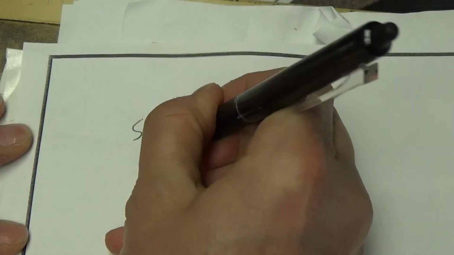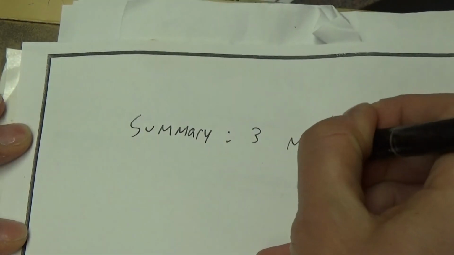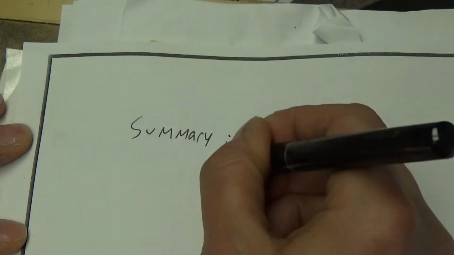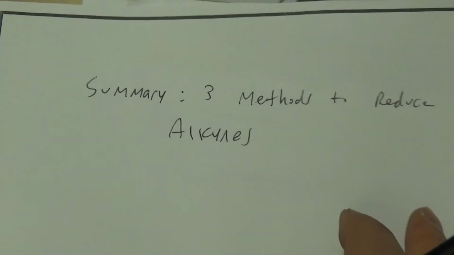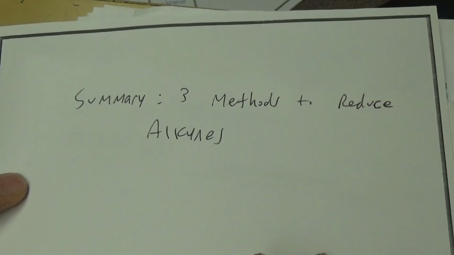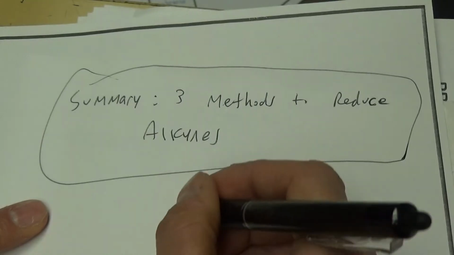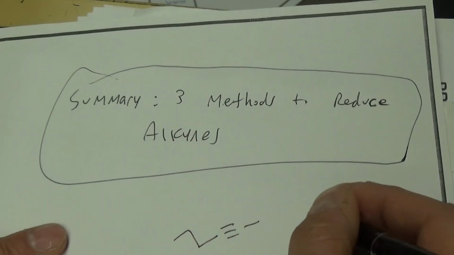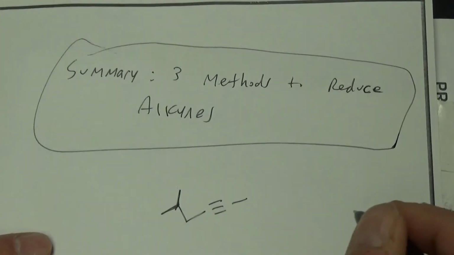Let's summarize those three methods real quick. Three methods to reduce alkynes. And what are the three methods? We'll just draw some random alkyne, and add a methyl for fun on the end.